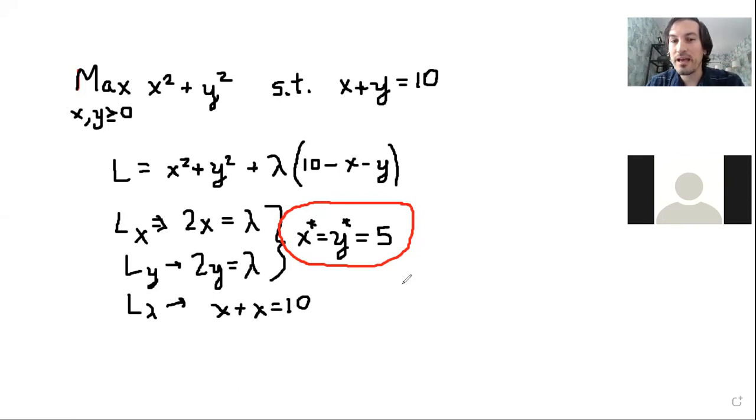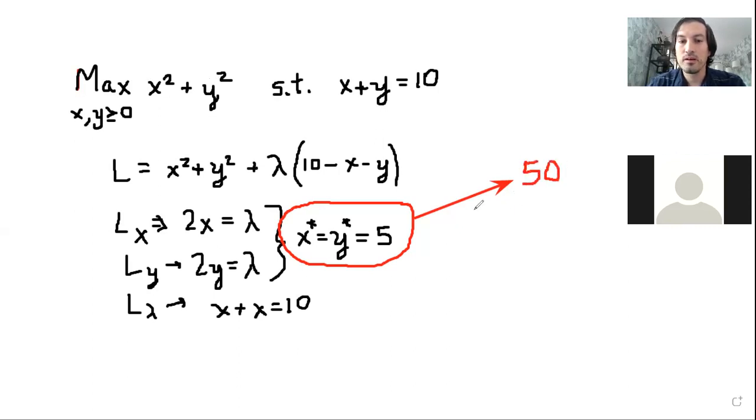Think about it. If x and y are both 5, what is our objective function here? What would our objective function be with this? This would mean our objective function is 5 squared plus 5 squared. That's 25 plus 25. That equals 50.